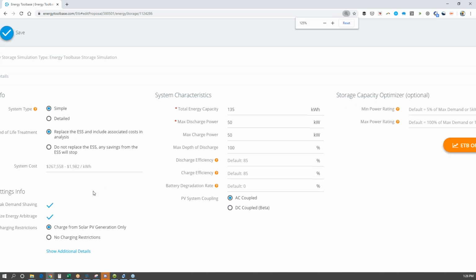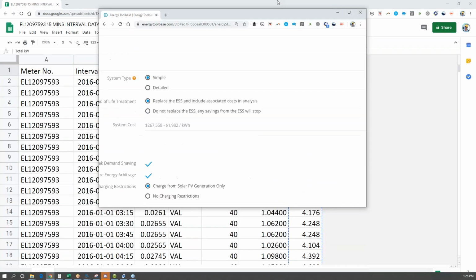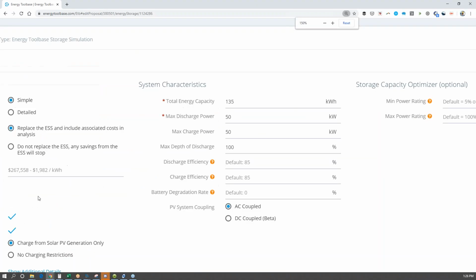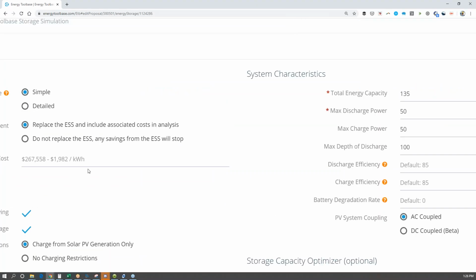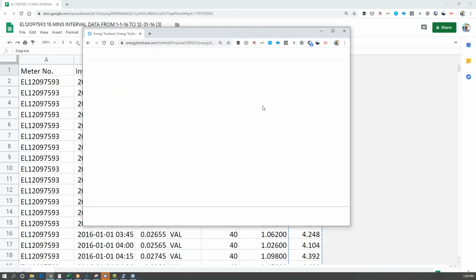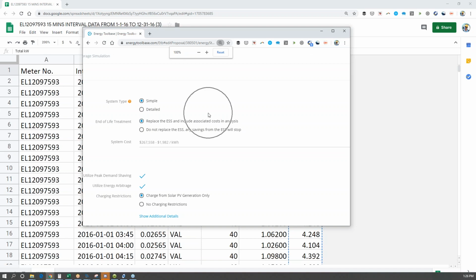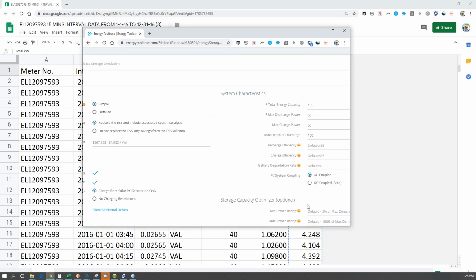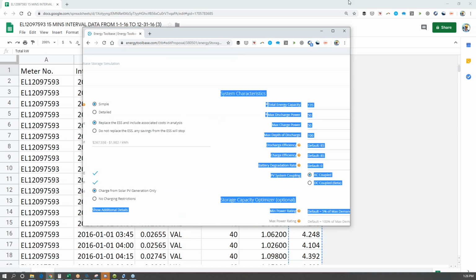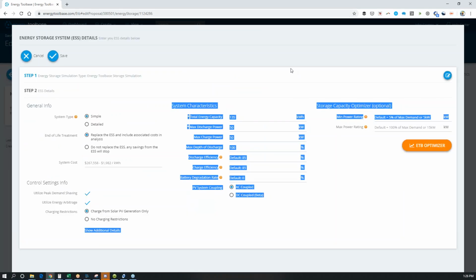We have charging restrictions, so let me try and get this to zoom in a little better, because it's not liking when I zoom in.